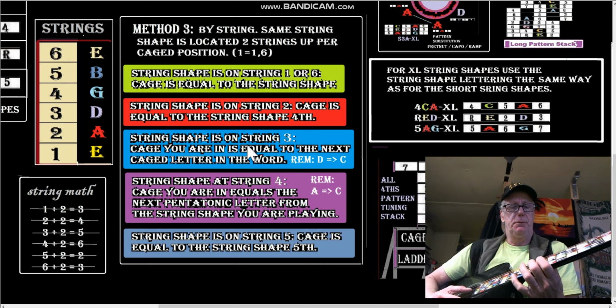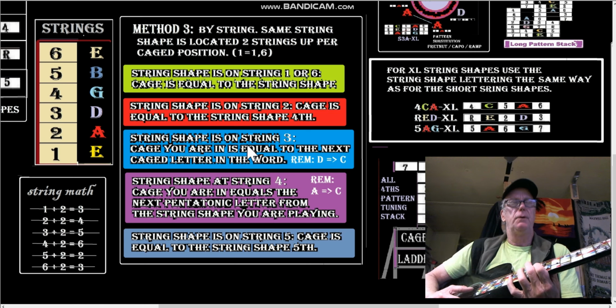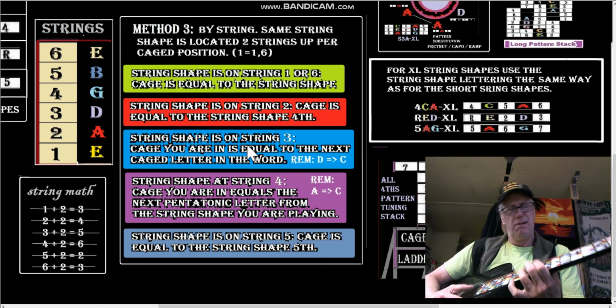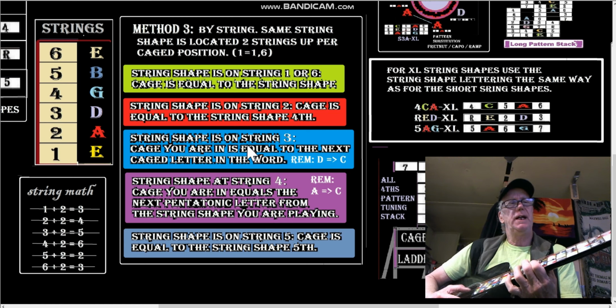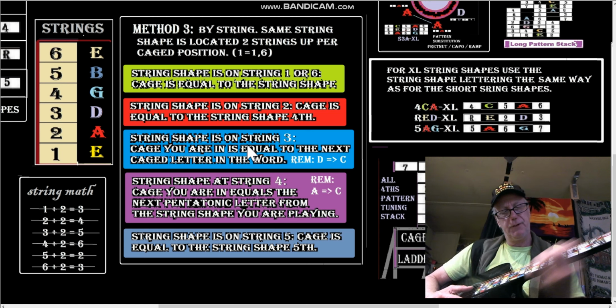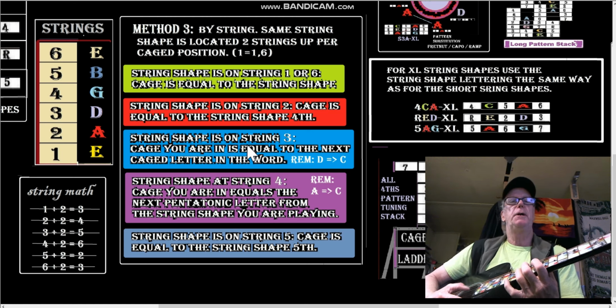I can say I'm going to do a pentatonic scale advance from the A shape, so A goes to C. But I don't know which cage I'm in. I just know that A connects to C going to the right, and A connects to G going to the left. What cage am I in?